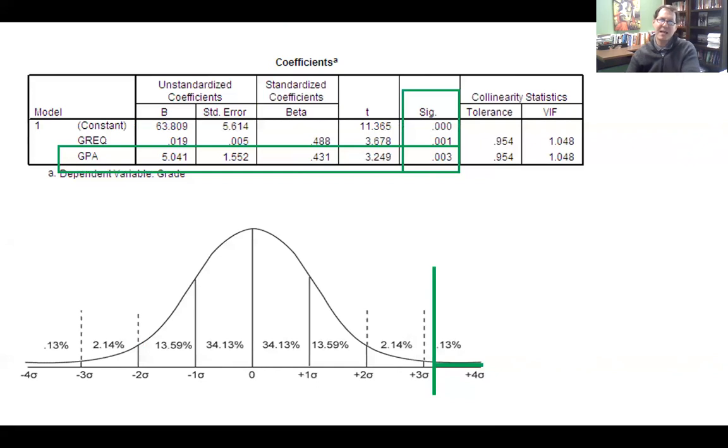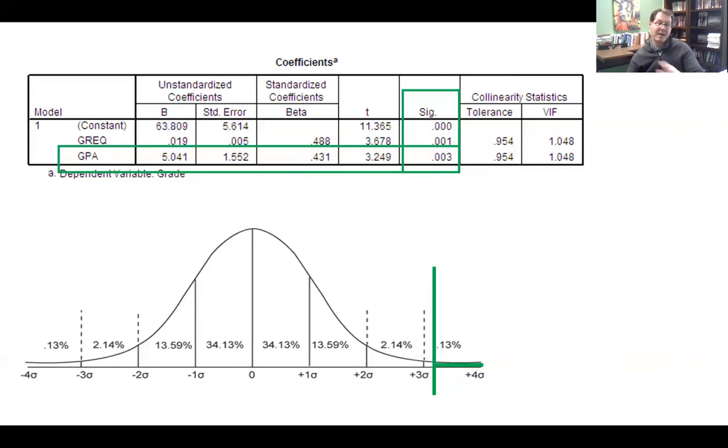SPSS provides that percent of the area of the entire normal distribution, or the probability of having a sample land in that area, in this Sig column. This is how we determine statistical significance with this probability. SPSS gives it to us in this column.